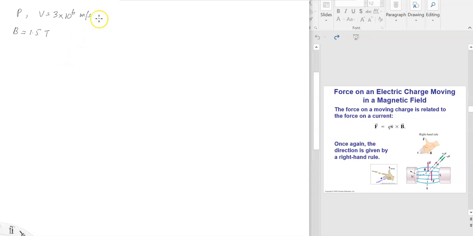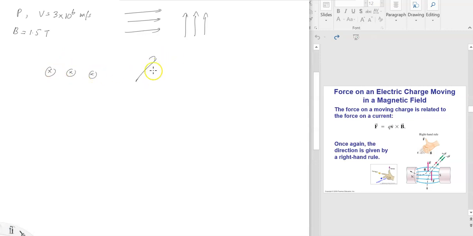Now, let's say the proton is moving perpendicular to the magnetic field. I am going to draw the magnetic field, and you can draw the magnetic field any direction you like. It can be like this, it can be like this. I'm going to say we have a magnetic field going into the board, right? Going into the screen. So I'm going to draw it like this, crosses.